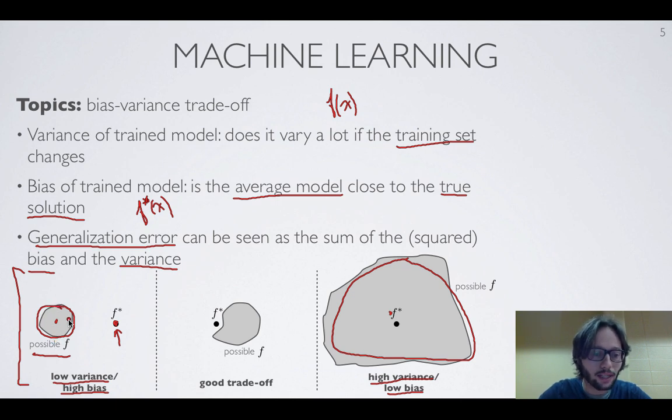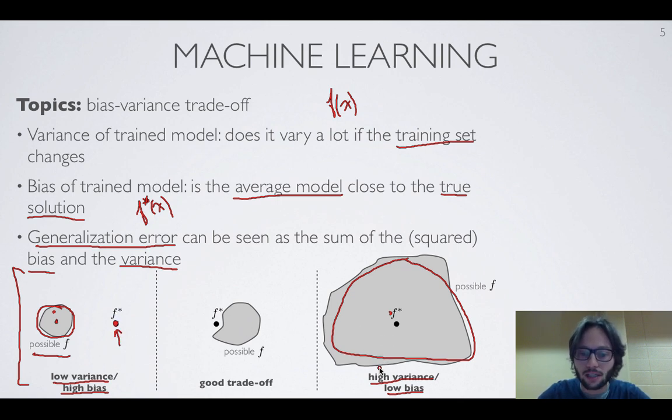So I can get a solution, a neural net, that can be anywhere here. Say it might be here, but because the region is small, I won't be very far from what the average case would be. So that's good, but unfortunately here the average case, because I have high bias, is quite far from the best solution, which would be to report the true function.